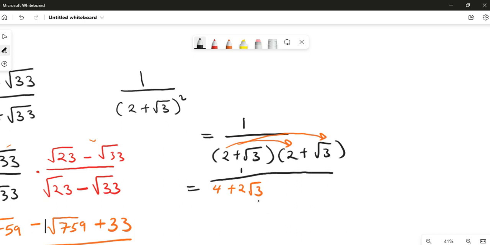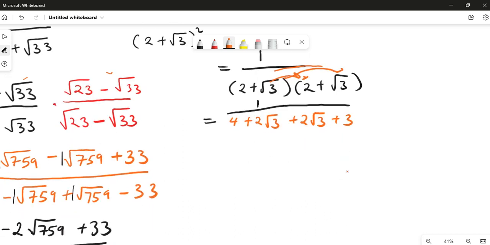The 1 on top stays as 1 over. We go to our next one. The square root of 3 times 2 gives us 2 square root of 3. Then the square root of 3 times the square root of 3 gives us 3.